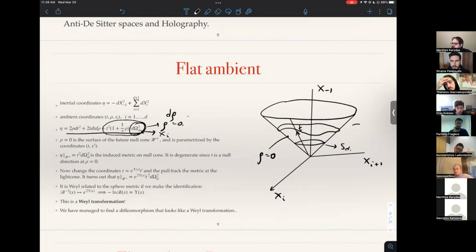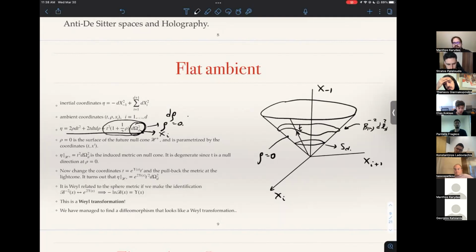Yeah, exactly right. The induced metric on this wiggly circle will be some function e to the -2 epsilon times the d sphere metric. Okay, that's interesting. So it's conformally related to the sphere, by the way I define things. The fact that we get a sphere is a consequence of the ambient space being flat, and we'll see.